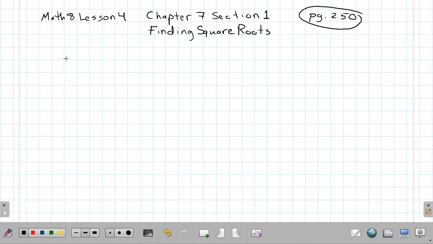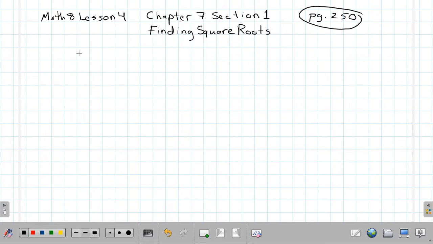So square roots, scientific notation, exponents, percentages, fractions, decimals, and we're going to have to be able to look at those numbers and tell which one's bigger, which one's smaller. We'll actually get a taste of that in the next lesson, lesson 5 later this week.